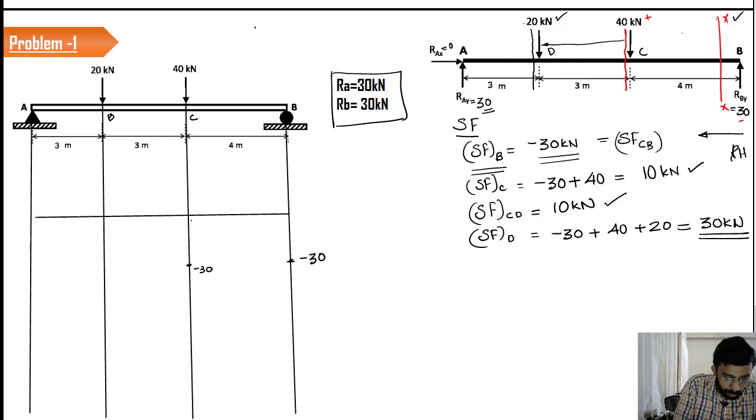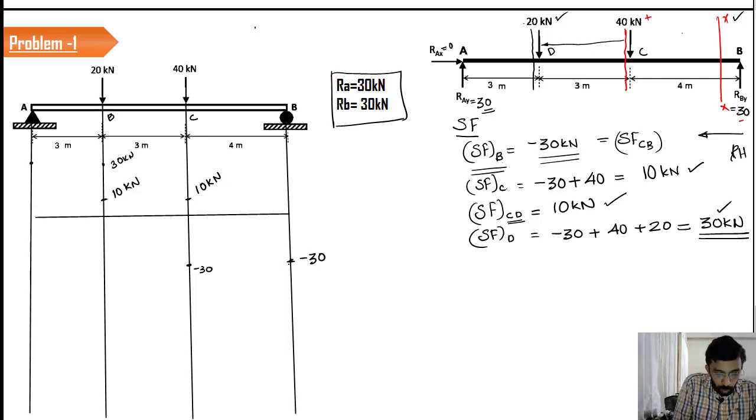So from minus 30, it has suddenly jumped to 10 kilonewton, and it remained constant in the section CD. The same 10 kilonewton is available till we reach the point D. Upon reaching the point D, the value jumped to 30 kilonewton, and that remained constant till the point A.